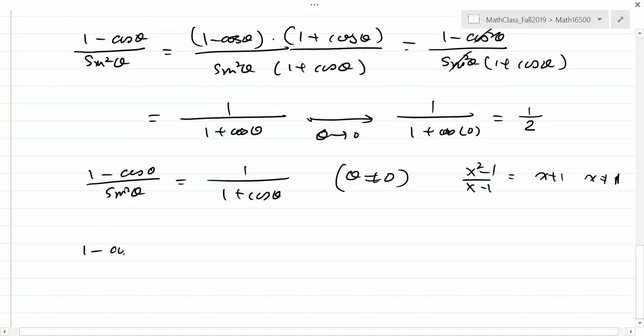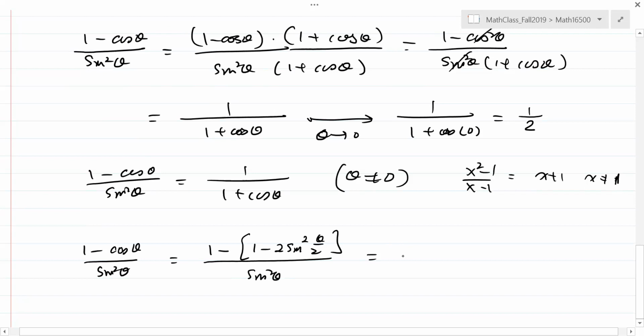So 1 minus cosine theta over sine square theta. For 1 minus cosine theta, I want to get rid of the 1, and that is going to be 2 sine square half of theta. It's called the half angle formula. So after you simplify, you get 2 sine square half of theta over sine square theta.